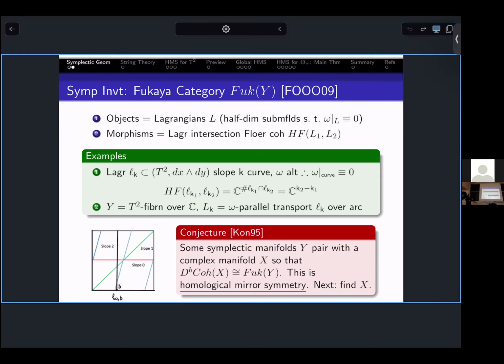So any curve is Lagrangian. And the number of intersection points between slope k1 and slope k2 is, by definition, k2 minus k1. So for slope 1 and slope 0, 1 minus 0 is 1. So you have this one intersection point here.